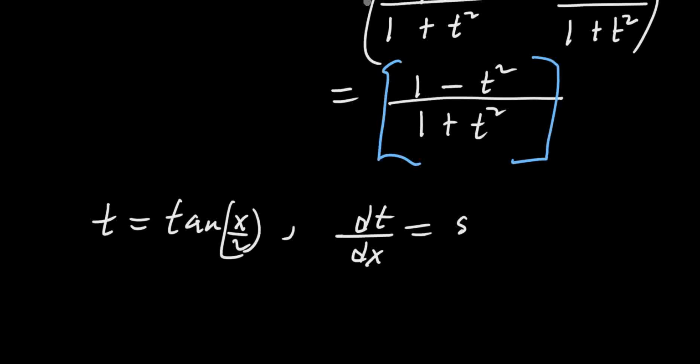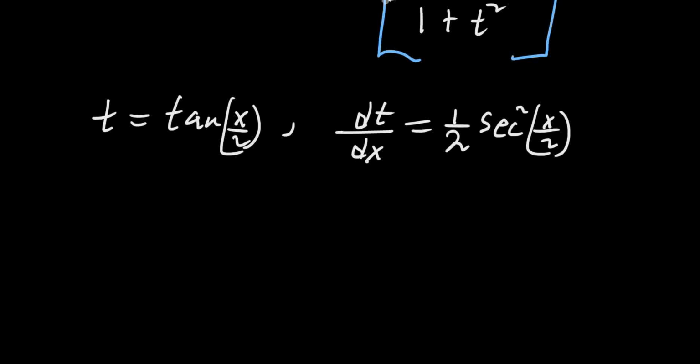So if we take the derivative of tan x over 2, that is going to give us 1/2 sec squared x over 2.